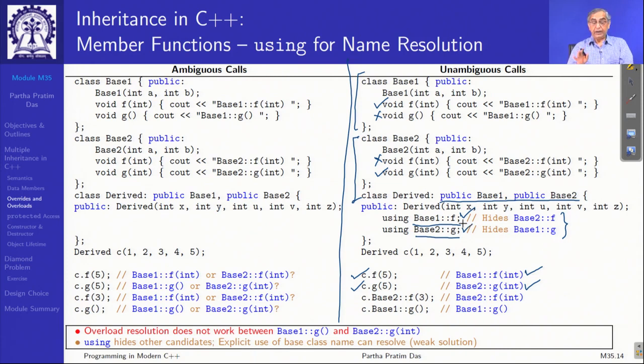The other two functions are hidden, but mind you, they can still be called by fully qualifying with the name of the base class. If I want to call the function f of base 2, I can still do that by qualifying that function not as f, but as base 2 colon colon f. Same thing I can do for g.